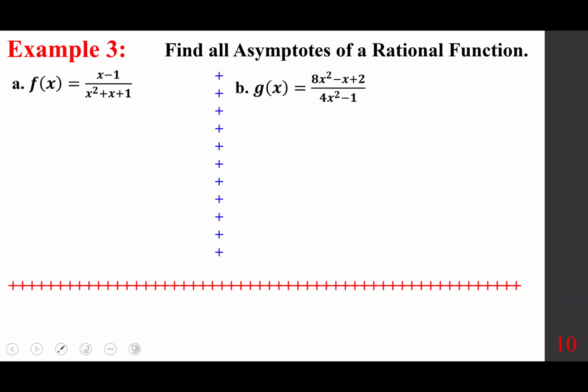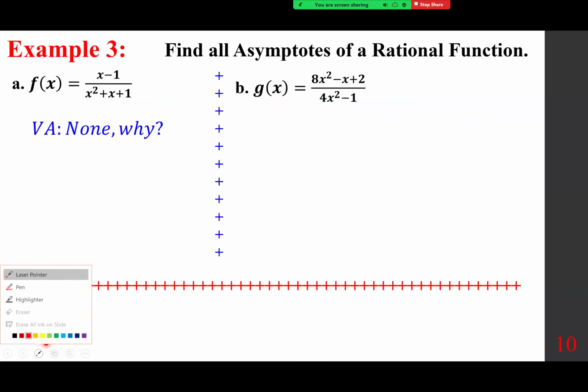All right. We want to find all asymptotes. If you look at the very first one, we want to find the vertical asymptote. We're going to set the denominator equal to 0. There is no vertical asymptote. Here's the reason. X squared plus x plus 1 equals 0.